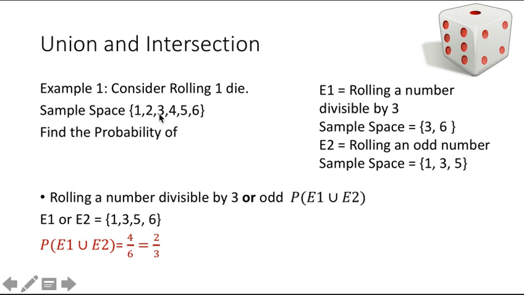There are 3 odd numbers in our list, 1, 3, and 5. So the probability of rolling a number divisible by 3 or odd is if I would roll a 1, a 3, a 5, or a 6. Any of those outcomes would satisfy the condition of being 3 or odd. So there are 4 possible outcomes out of 6, or 2 in 3.